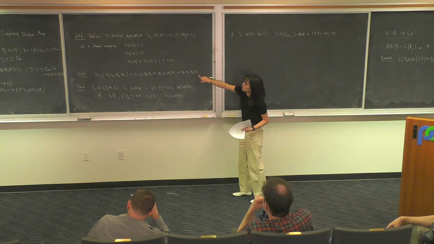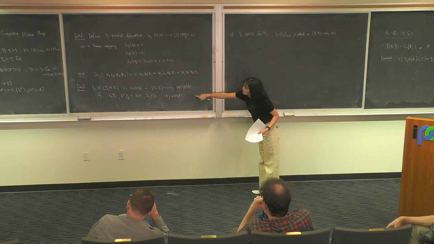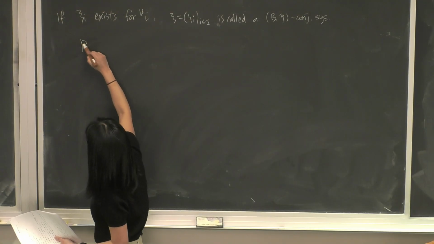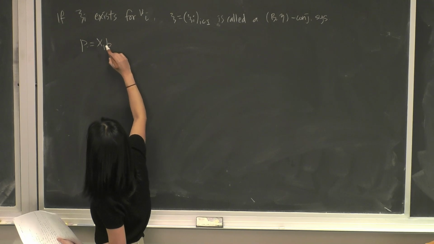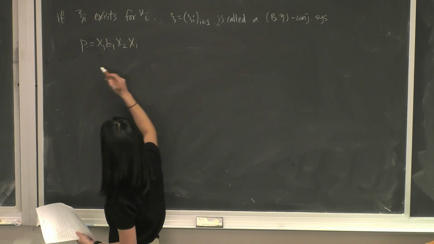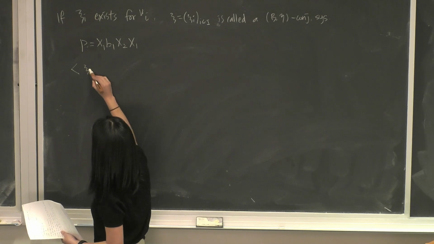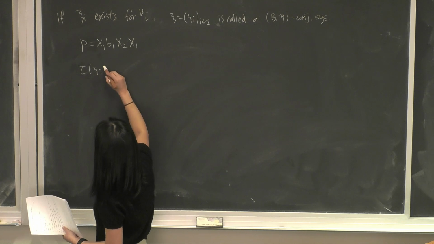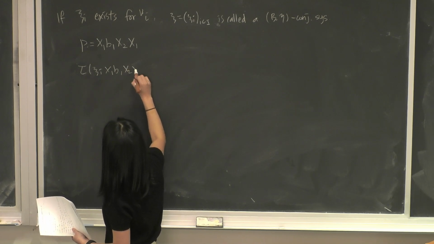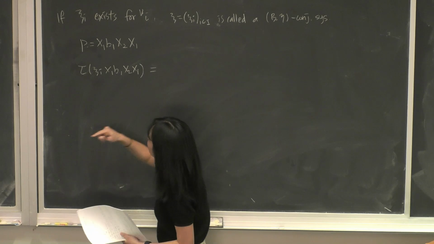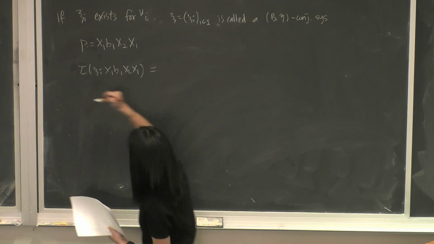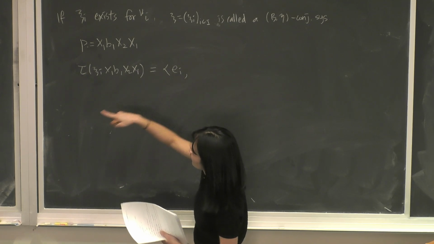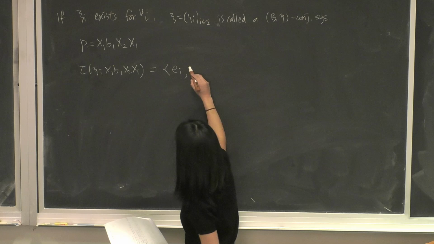More explicitly, if we look at this example, what this is saying is for P equal to x1, b1, x2, x1, tau of Xi_i times x1, b1, x2, x1, and the right-hand side is the inner product of e_i and this thing.